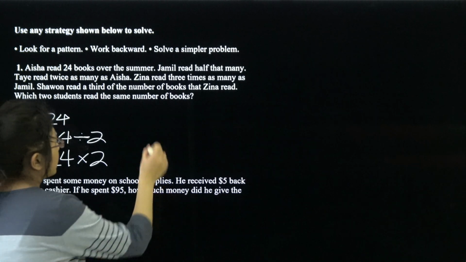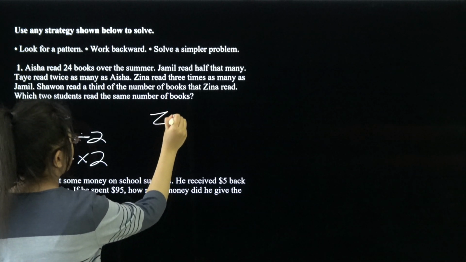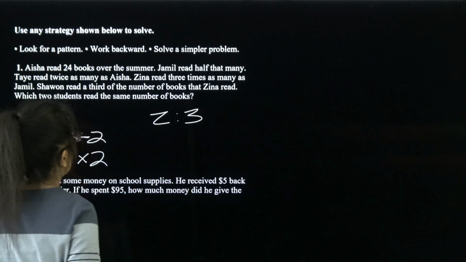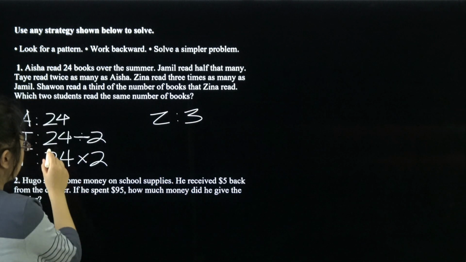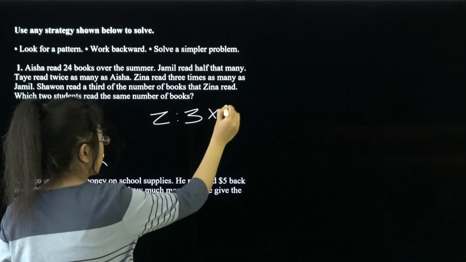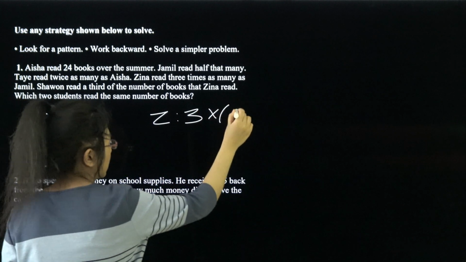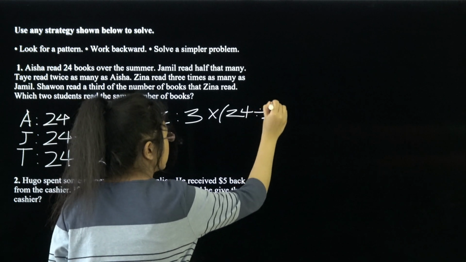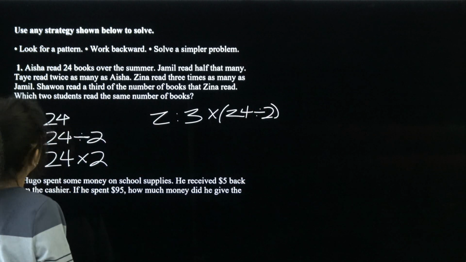Zina read 3 times as many, 3 times as many as Jamil. So 3 times, so Jamil would be 24 divided by 2 in brackets.